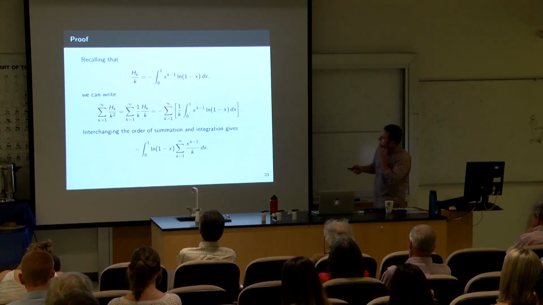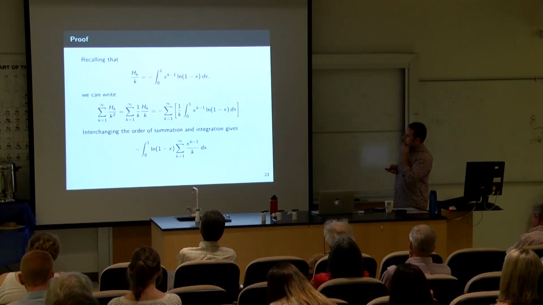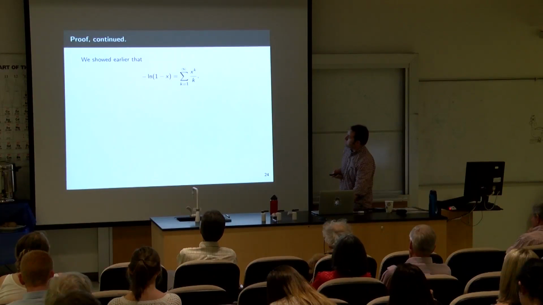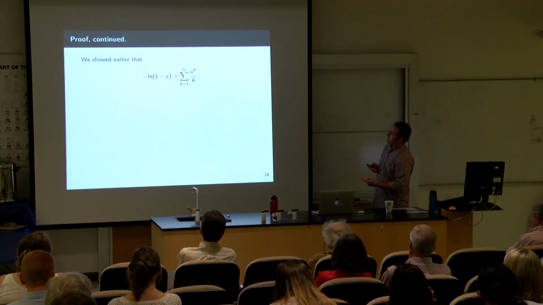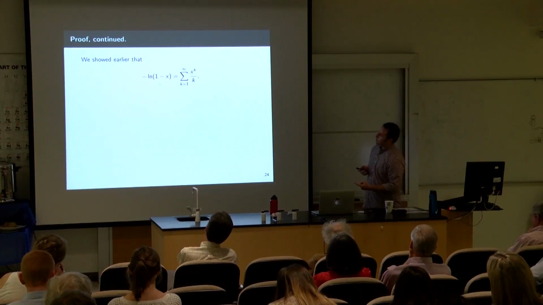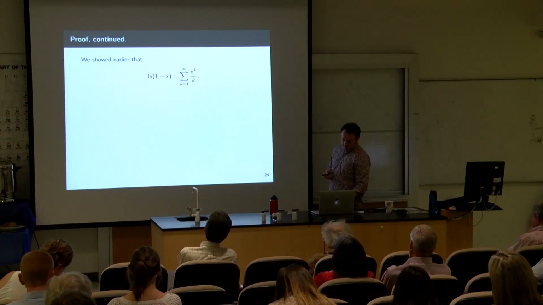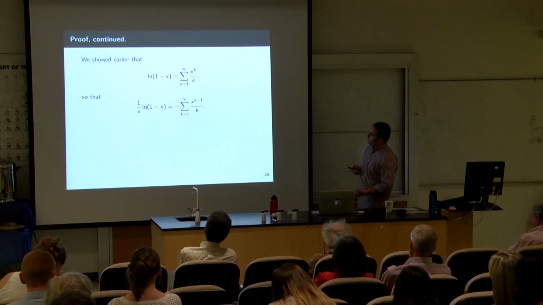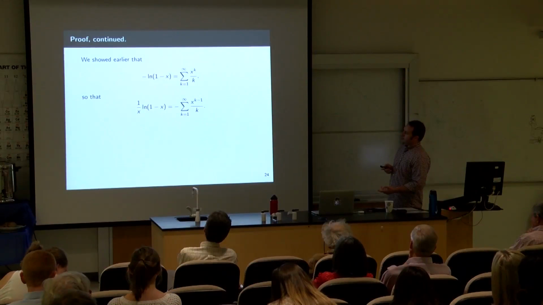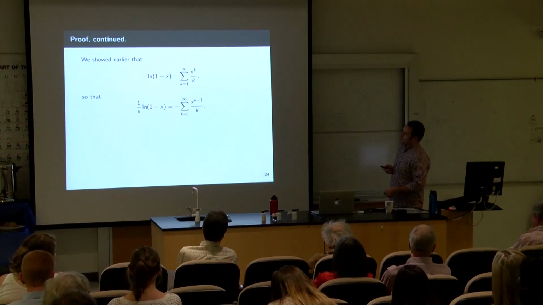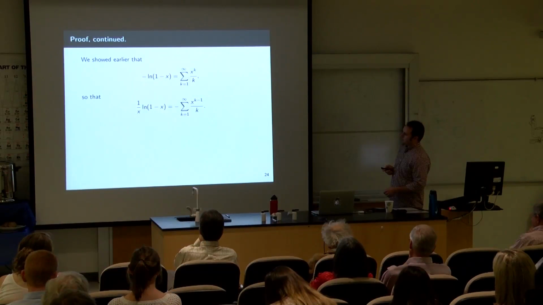Okay, so this looks a little nicer, maybe. You have the sum of x to the k minus 1 over k. But we saw earlier that the sum of x to the k over k is negative natural log of 1 minus x. So if you divide both sides by x, and you move the negative sign over, that takes off one of these x's and puts a negative sign here.